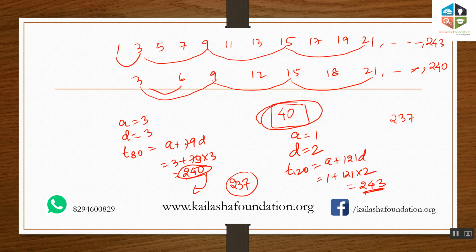So second last of this is 237. 3, 9, 15, 21, and so on. When we go like this, we reach 237. Second, fourth, sixth, up to the last term, all these are left. That means alternate terms are taken. There are 80 terms, so we have taken 40 terms, and all these 40 terms are there in the first sequence also. So 40 terms are identical.